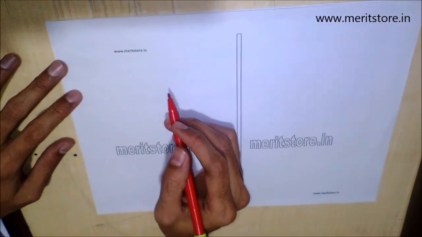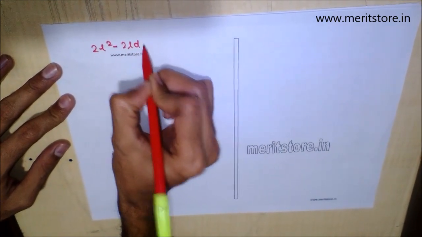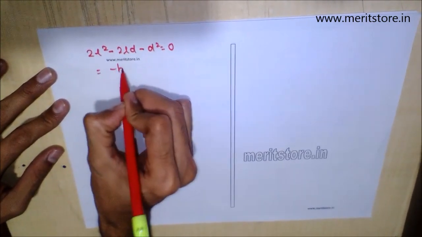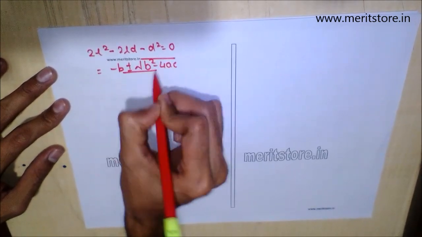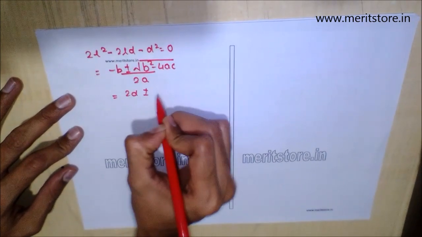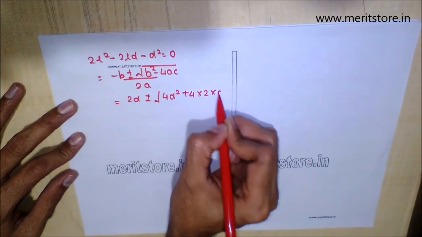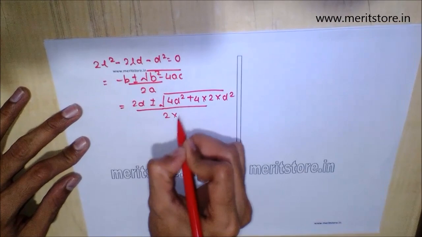Moving on to the further quadratic equation, the equation was 2L square minus 2LD minus D square equals 0. We have x equals minus B plus minus under root B square minus 4AC upon 2A. Solving this becomes 2D plus minus under root 4D square plus 4 into 2 into D square, that is B square minus 4AC, upon 2 into A, where A is 2.